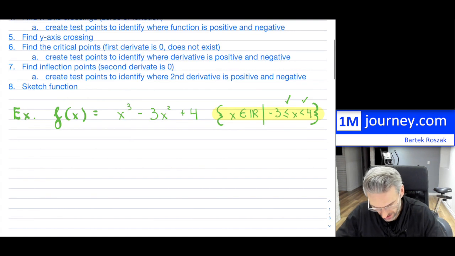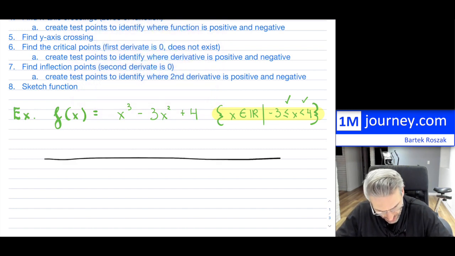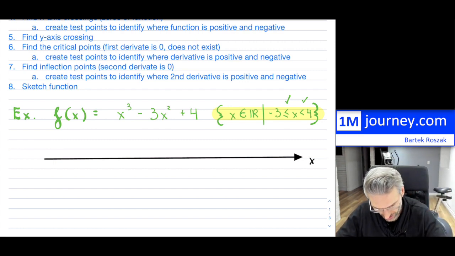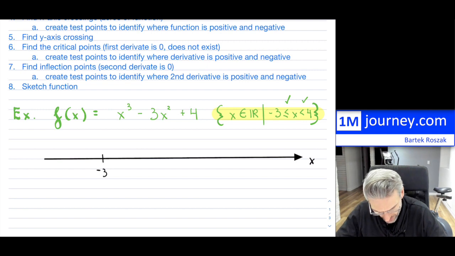The first thing I will notice is the following: if I draw this out for myself, thinking of this as my x, and I know this is obviously going to be two-dimensional, we'll get there. Within here, I know that this is constrained at -3, and then this is going to be 4.